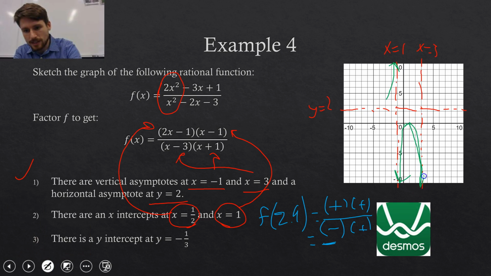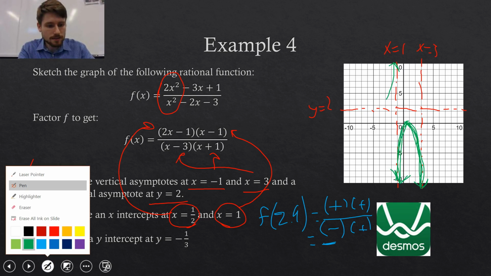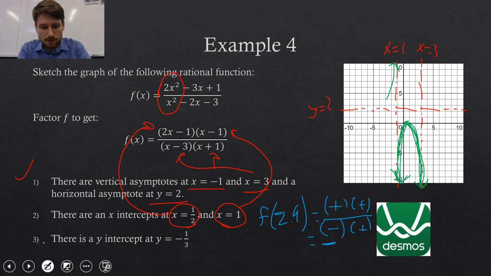We can start connecting the graph a little bit. We connect those 2 zeros, something like that. And then we'll look on the right side of 3. We're going to do f of 3.1. We have positive on top when we plug those in, and a positive and a positive, so everything is positive and the result is positive.